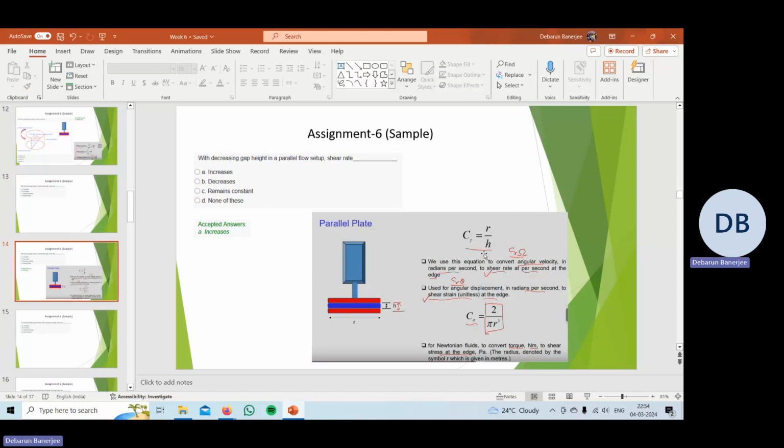So h decreases, it means the shear rate will be increasing.